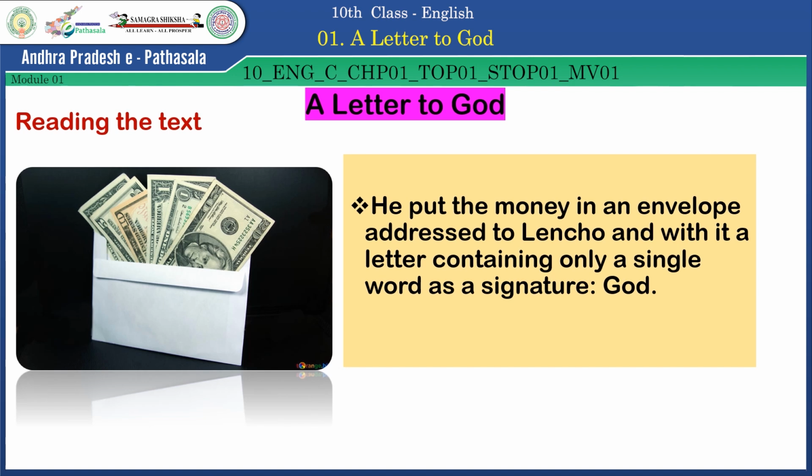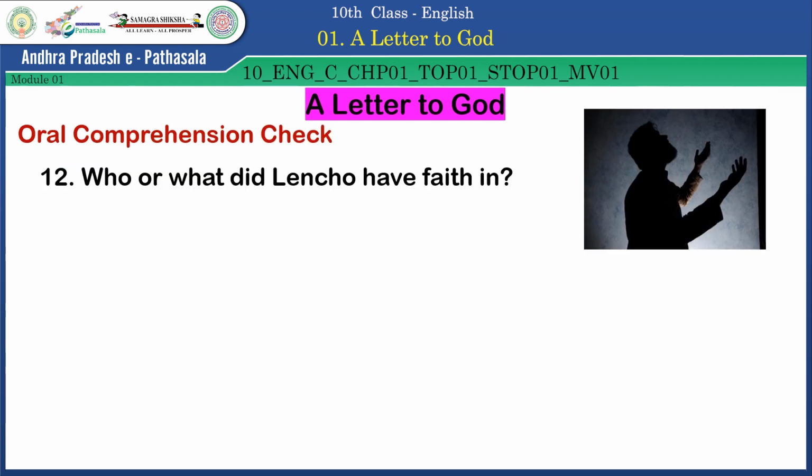This is what the postmaster had done to help Lencho, or to keep Lencho's faith alive. He must be a special and trustworthy person, right? Yes. Now we will have a comprehension check.